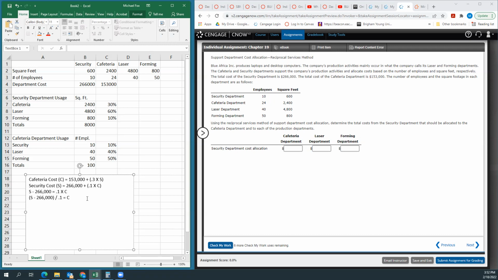So I'll be saying C, the cafeteria cost, which equals S minus 266,000 divided by 0.1, equals 153,000 plus 0.3 times S. Whoops, that should be a times S. Now the only variable we have in here is S, because where it says C in the formula, I substituted in this value of C.